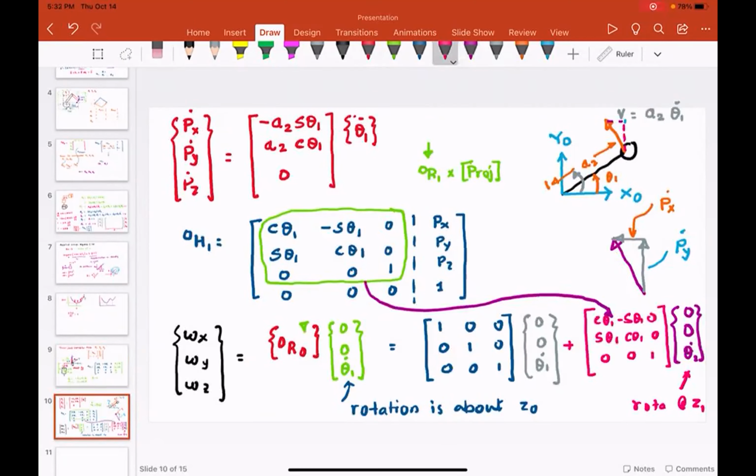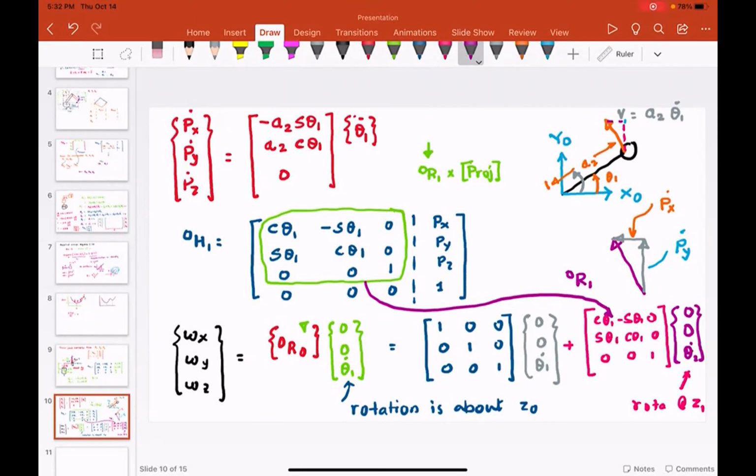The first rotation was about the 0th joint, Z0. So the rotation matrix that we grabbed was 0R0. Everyone understood this? Second rotation is about Z1. So the rotation matrix that we grab is 0R1.